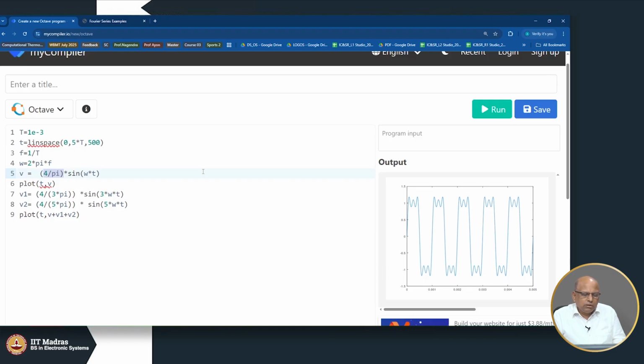Okay. You will find that there will be the main component whose frequency is f, where f is the frequency of the original periodic waveform.